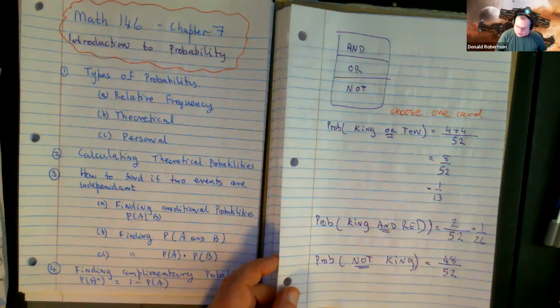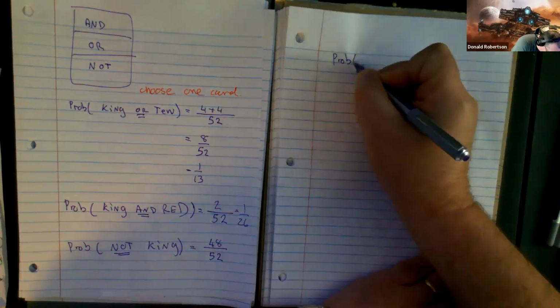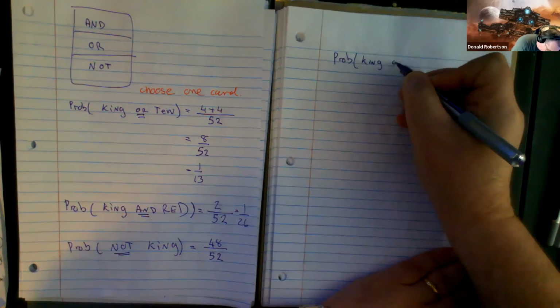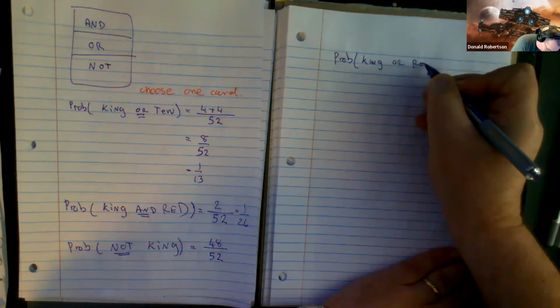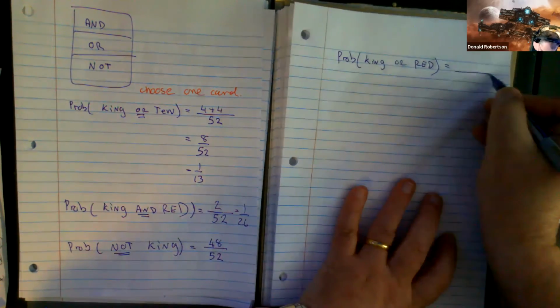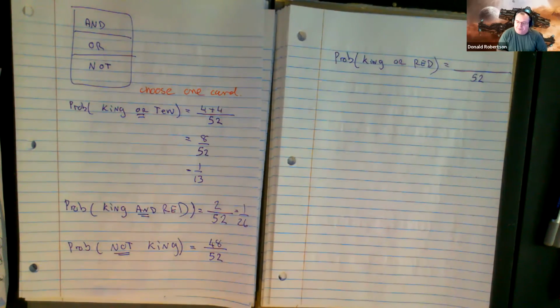Right? So now we're going to make things more difficult. What's the probability that you get a king or a red card? Well, I'm going to deliberately do this wrong.